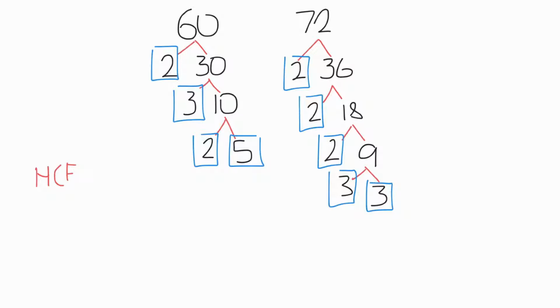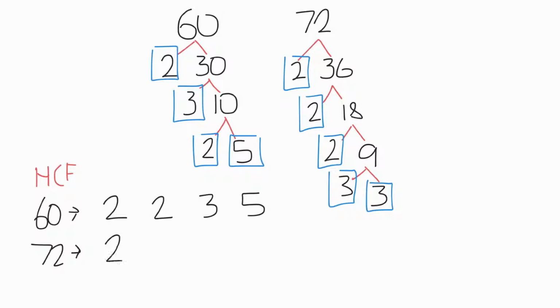So the highest common factor of 60 and 72. So the factors of 60 are 2, 2, 3 and 5. The factors of 72 are 2, 2, 2, 3 and 3.